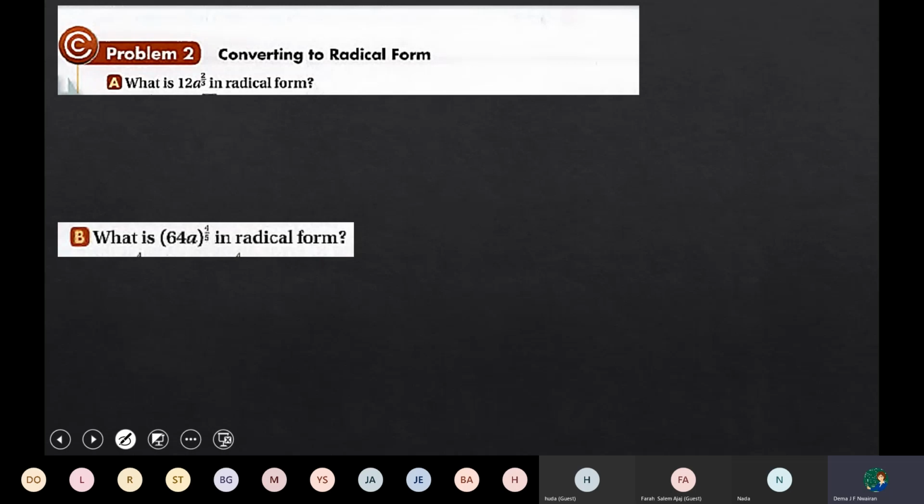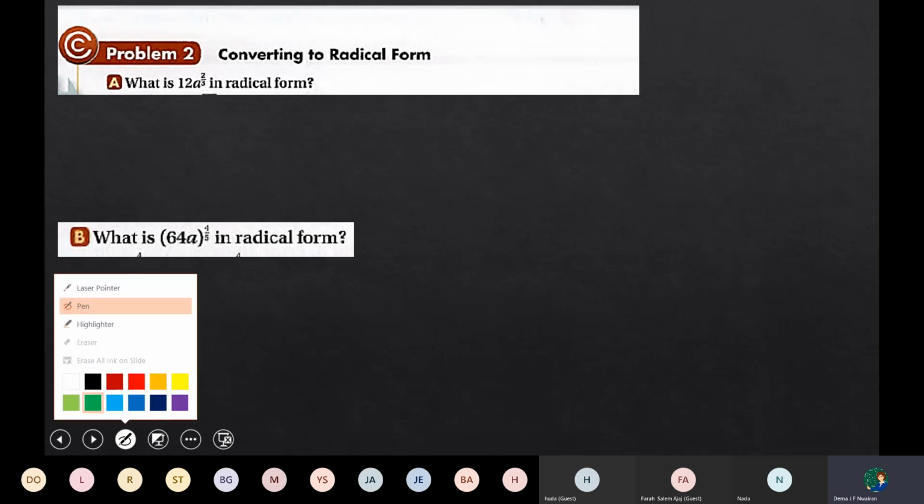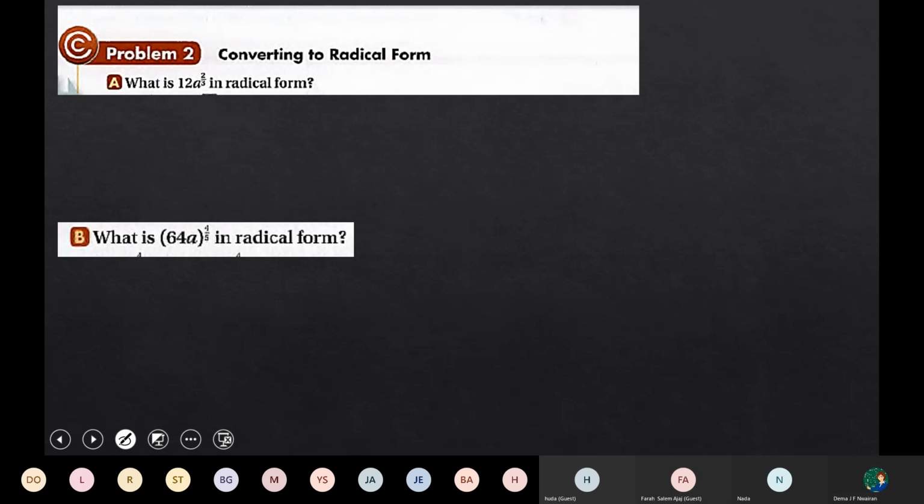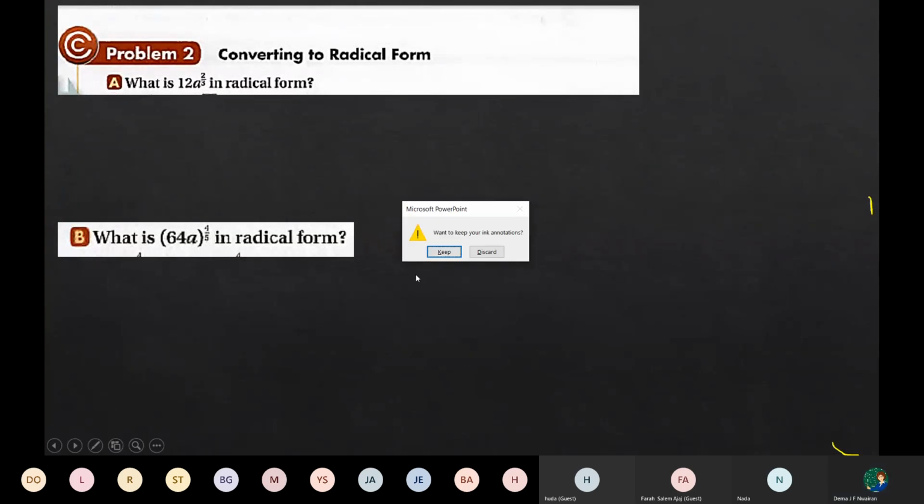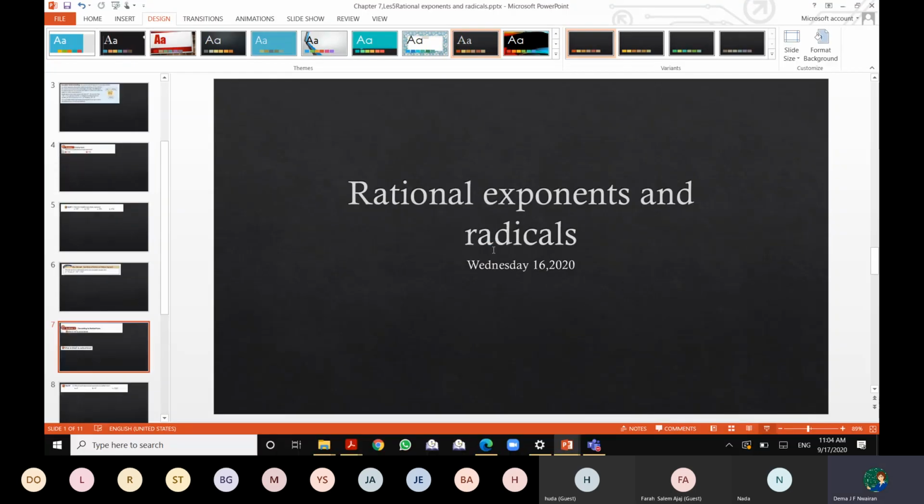In this problem, we learn how to convert to radical form.